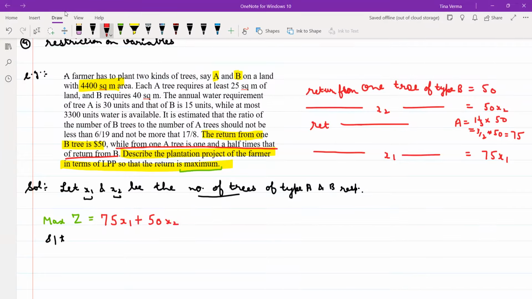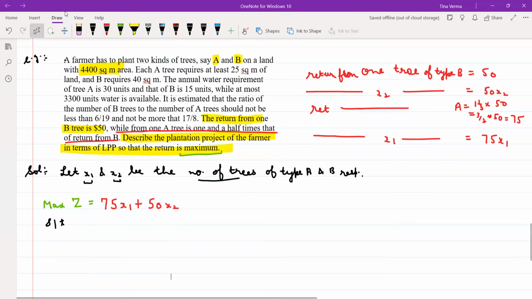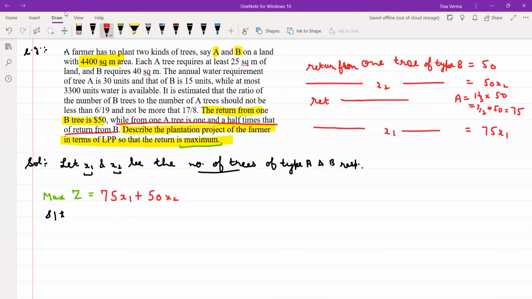This is your choice: either you can make the objective function first or you can make the constraints first, right? Now we come to the constraints. It is given that A and B have to be planted on a land of 4400 square meters.